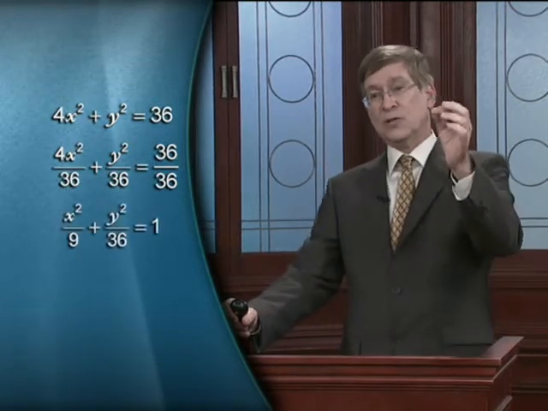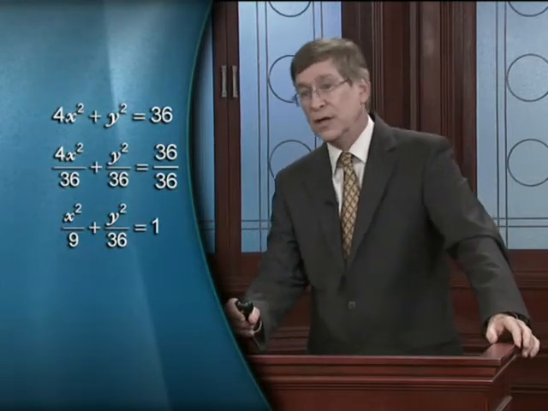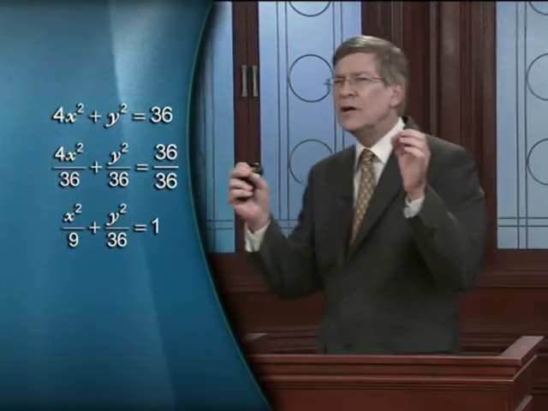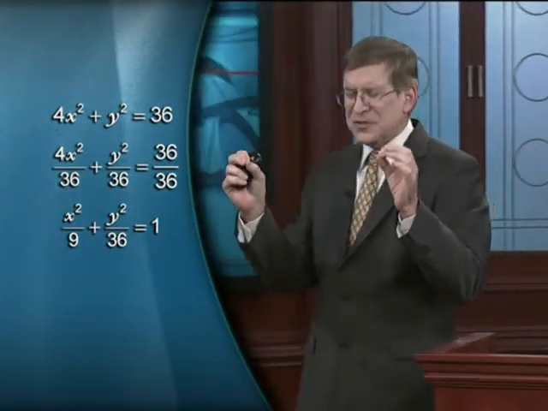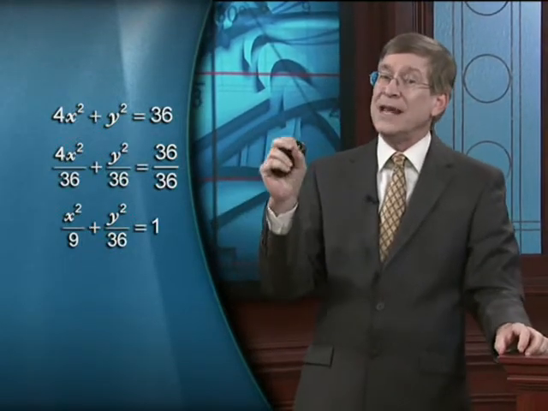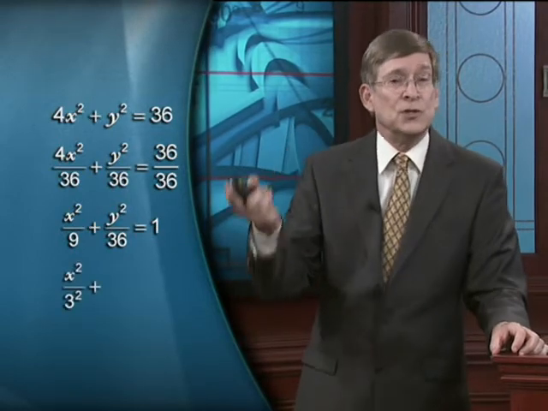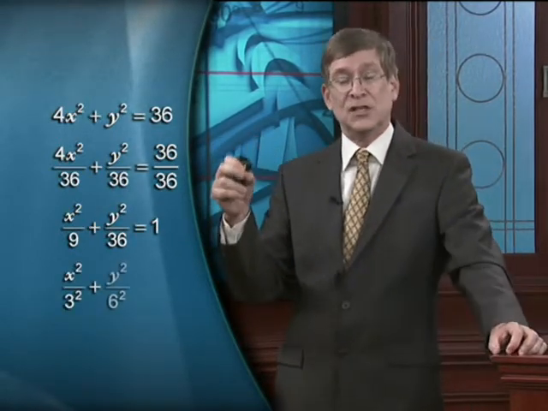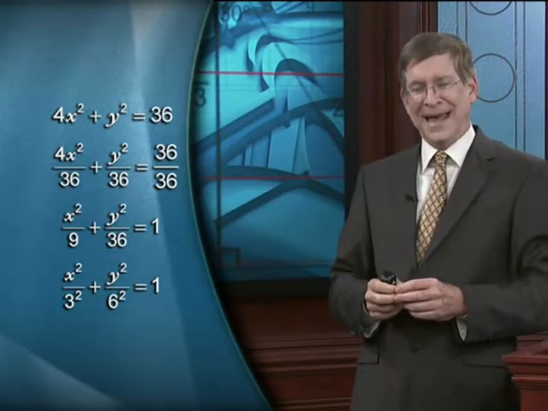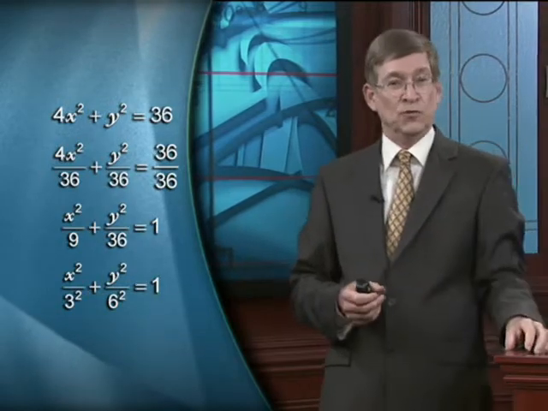So now we have x squared over 9, since the 4 and the 36 simplify, plus y squared over 36 equals 1. That's very close to the standard form. The only difference is, remember, in the denominators, they were a squared and b squared. So write 9 as 3 squared and write 36 as 6 squared. Now that's the standard form: x squared over 3 squared plus y squared over 6 squared equals 1.